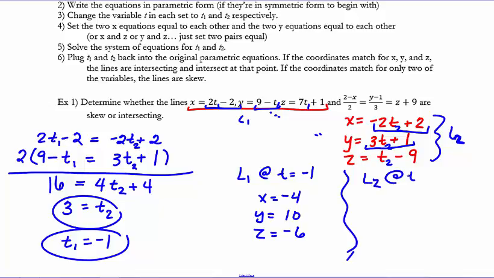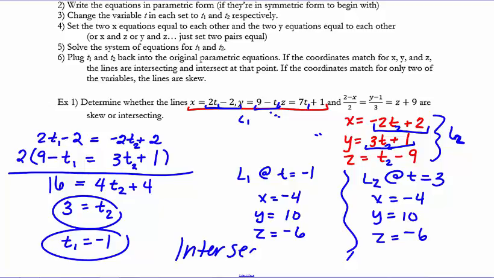L2 at t equals 3, because again t2 equaled 3, L2 at t equals 3 is going to be x equals negative 4, y equals 10, and z equals negative 6. 4, 10, negative 6, 4, 10, negative 6, hey, look at that, the x's, the y's, and the z's are all the same, so these intersect at negative 4, 10, negative 6.